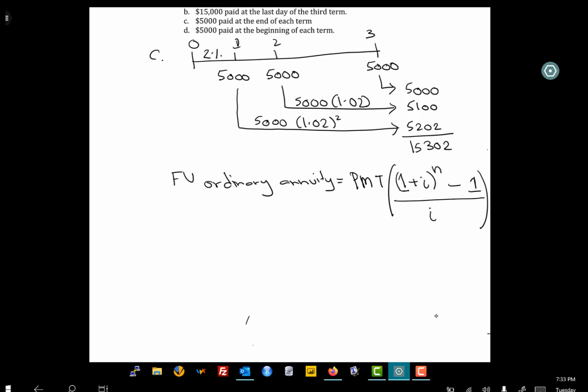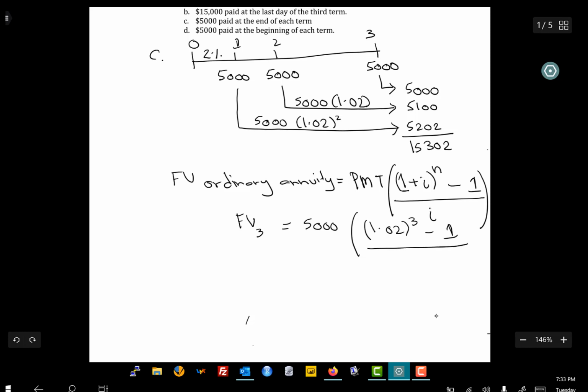Okay, so let's solve for this. The future value of the annuity at time period 3 is equal to the payment, which is 5,000, times 1 plus I to the power n, so 1.02 to the power 3, minus 1, over I, which is 0.02. Okay, so that's your formula.